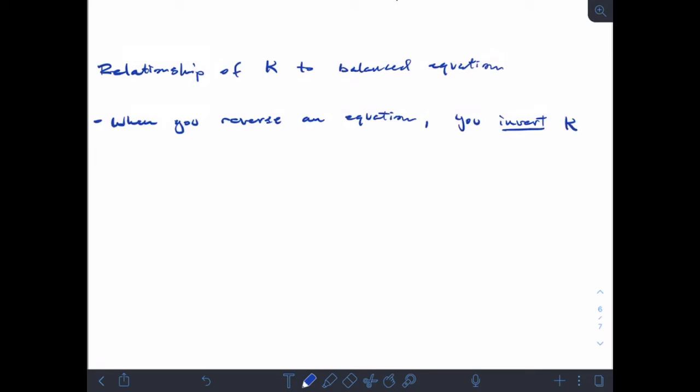For example, if I have carbon monoxide gas plus 2H2 gas in equilibrium with some methanol, sorry, it took me a second to come up with the name there, and it has a K value of 9.23 times 10 to the minus 3.